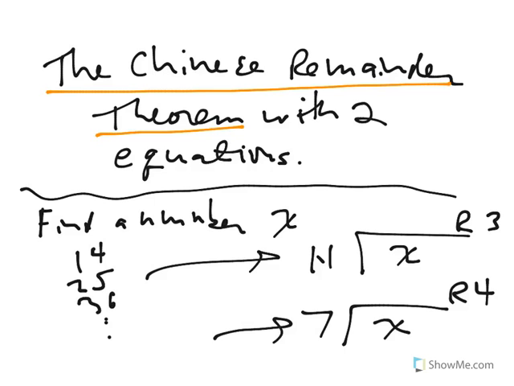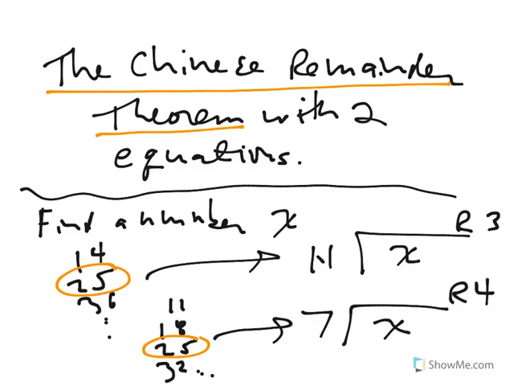On the other hand, numbers that give remainder 4 when you divide by 7: 11 is one of them. 18 is one. That's 2 remainder 4. 25 is 3 remainder 4. 32 is 4 remainder 4, dot, dot, dot. And as you can see, the number 25 is the answer to both of those questions.